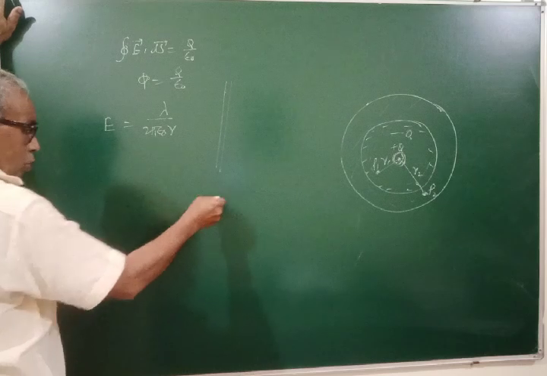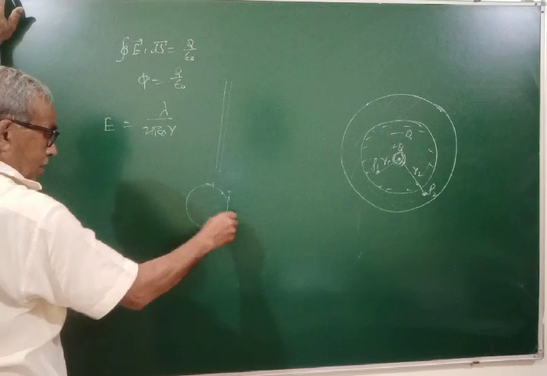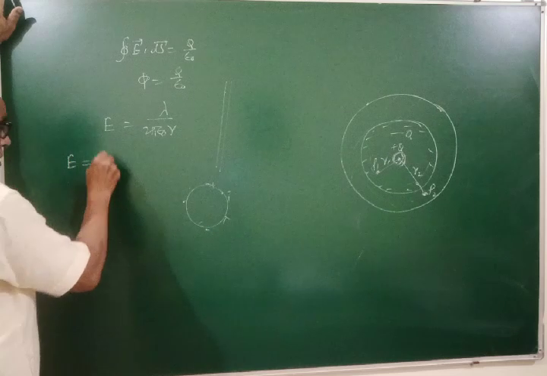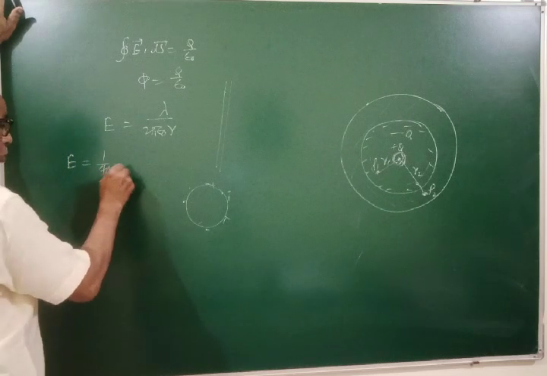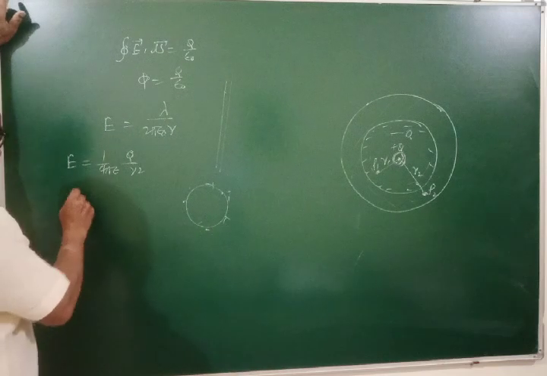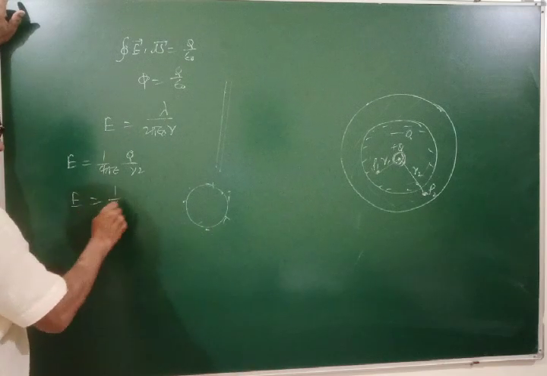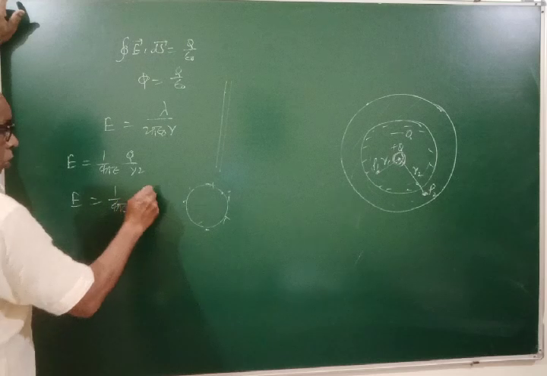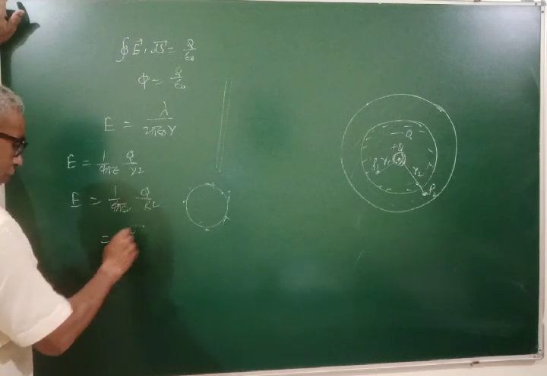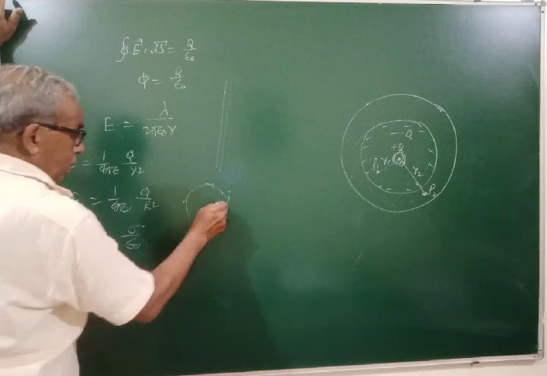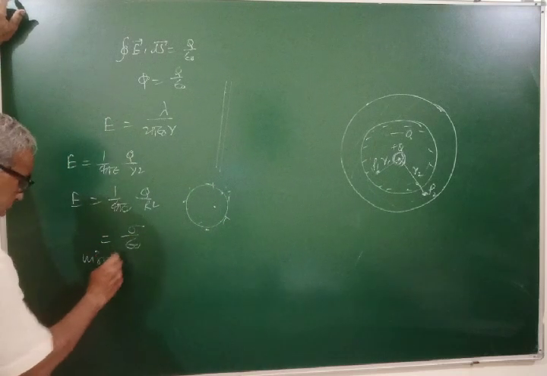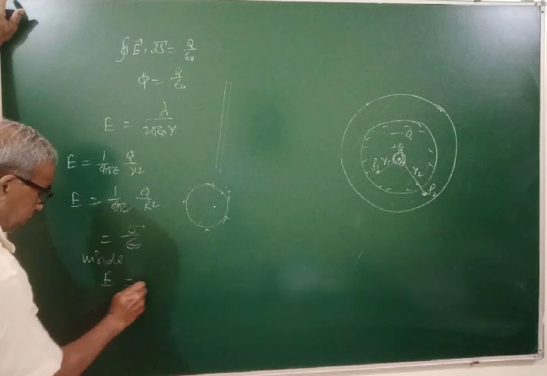And then due to a charged conducting shell, and here we got different formulae: outside, 1 upon 4 pi epsilon 0 q by r square; at the surface, E equal to 1 upon 4 pi epsilon 0 q upon r square, and also sigma upon epsilon 0 at the surface; and inside, E equal to 0.